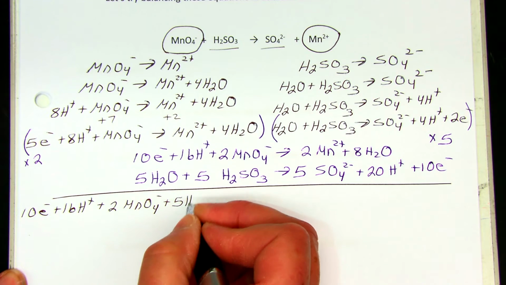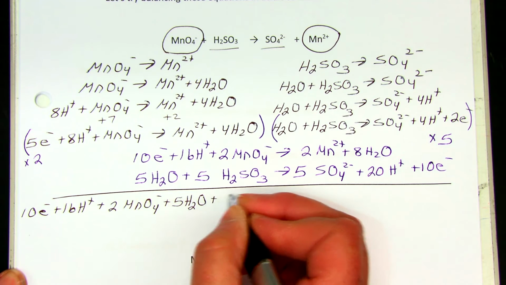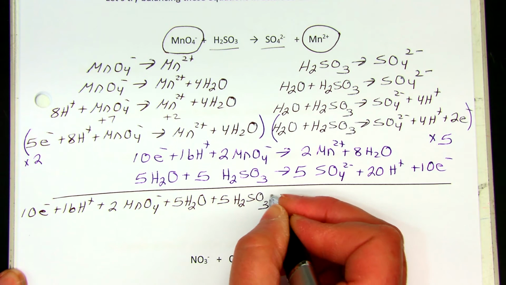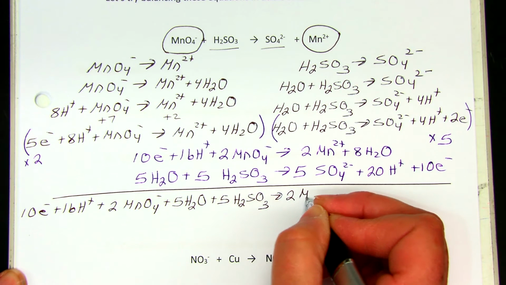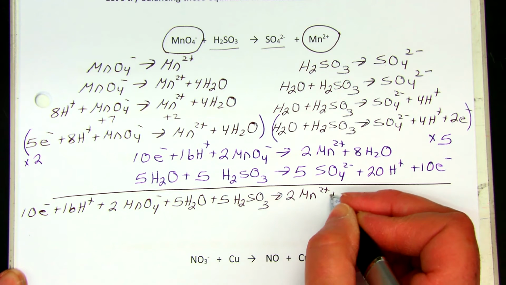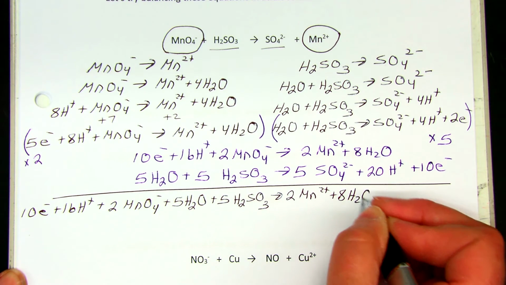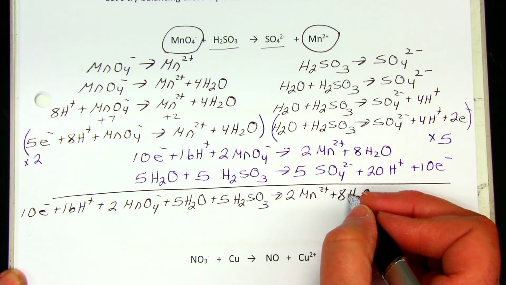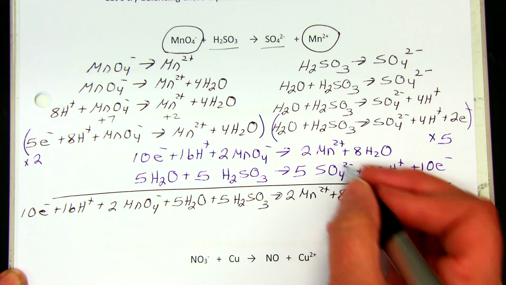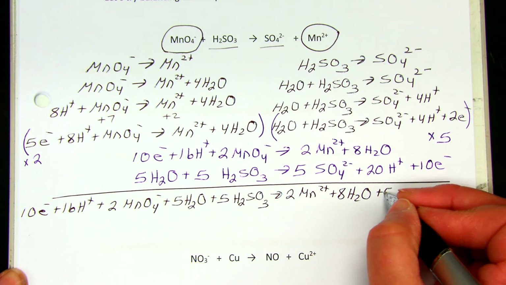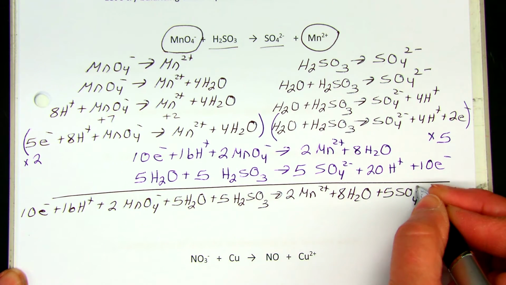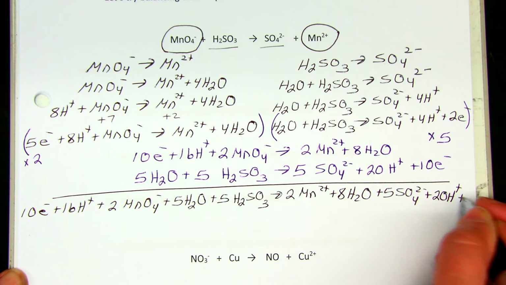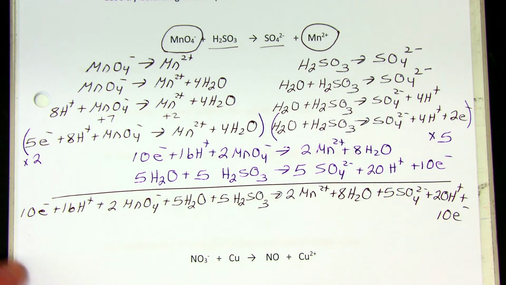Plus the 5 waters plus 5 sulfurous acid yields 2 manganese plus 8 waters. Oh yeah, that's right. Okay, plus 5 sulfates plus 20 hydrogens. I was thinking I should be multiplying, but I already did that. Plus 10 electrons.